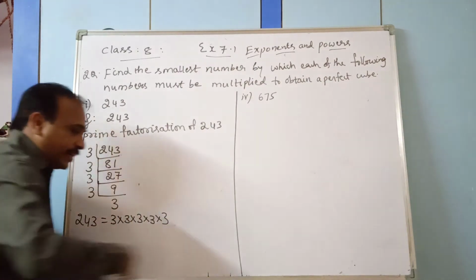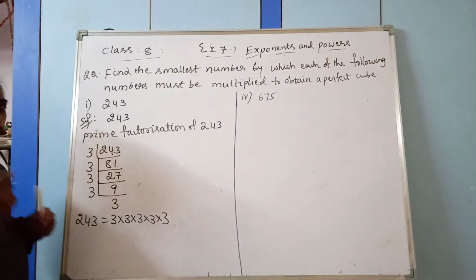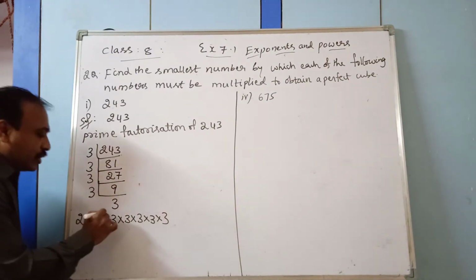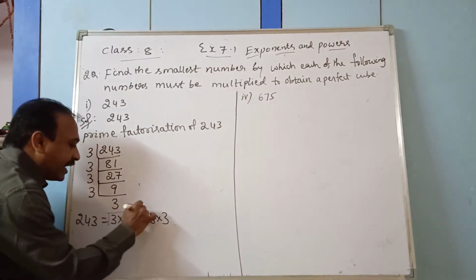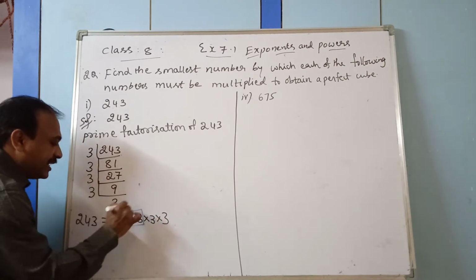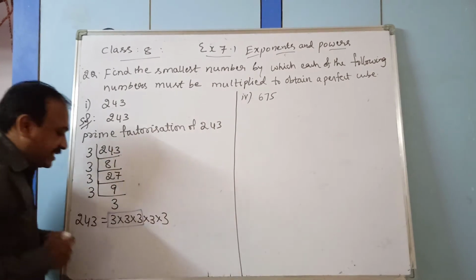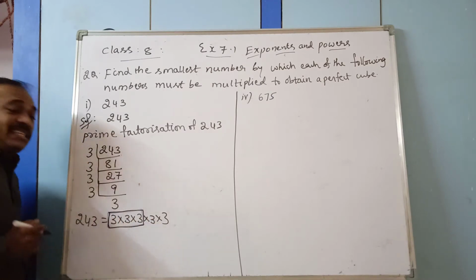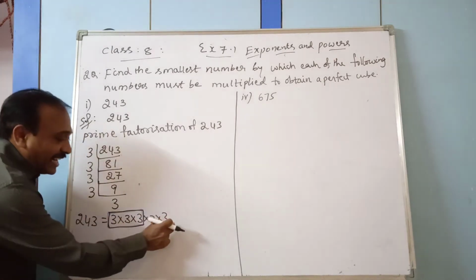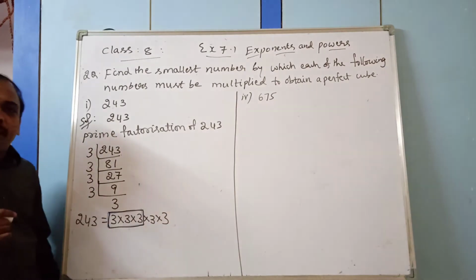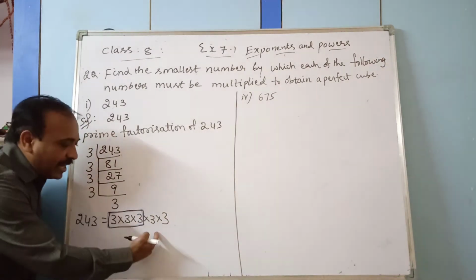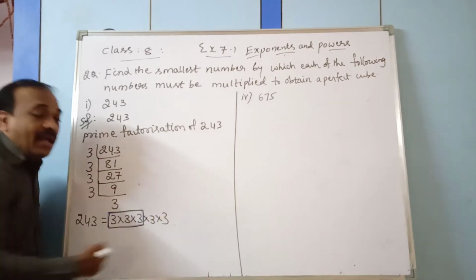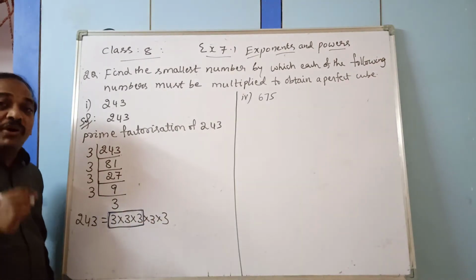Now we observe, for a perfect cube we make triples as groups. This is one group, and the remaining 3 into 3 is not a group. How many are required to get a triple? Yes, one more 3.